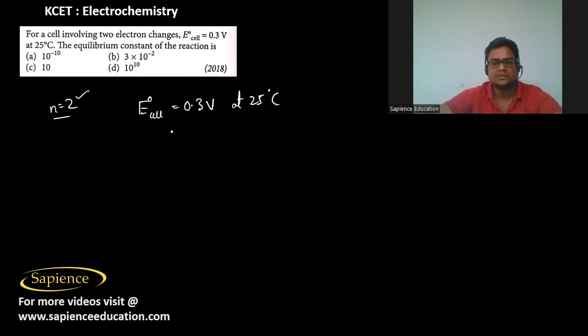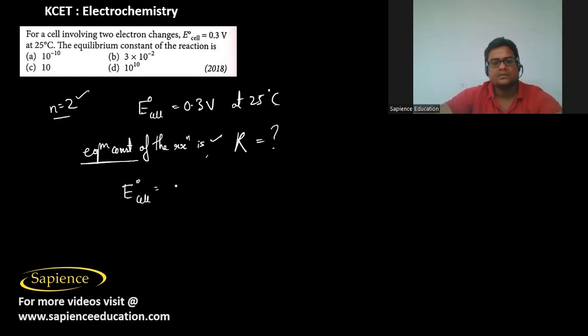Then the equilibrium constant of the reaction is asked, this K. So as you know that E naught cell equals delta G.